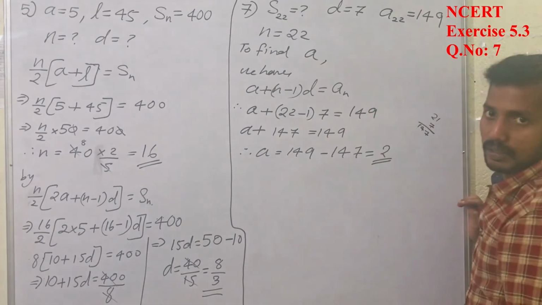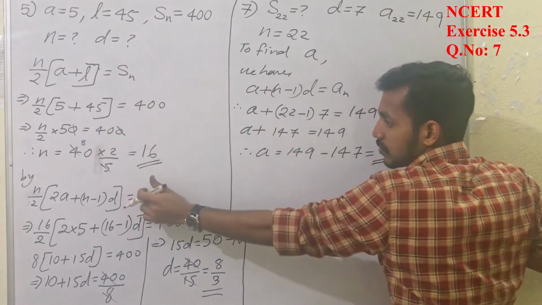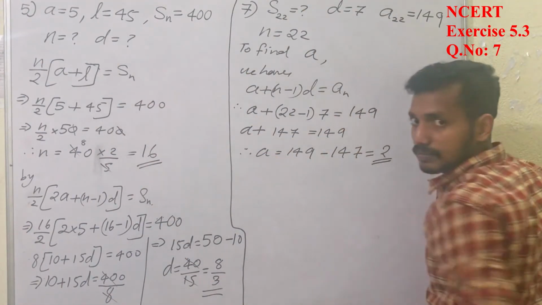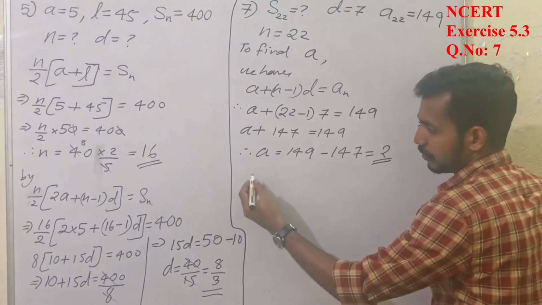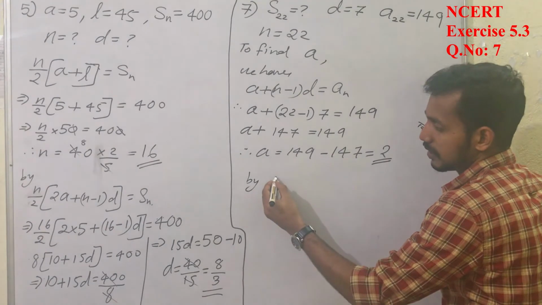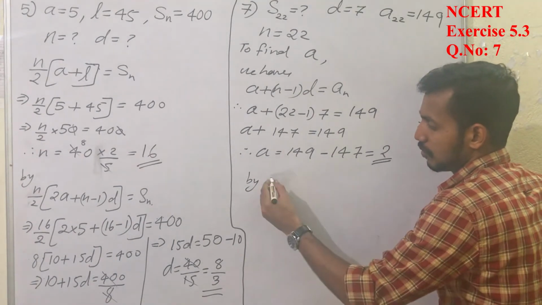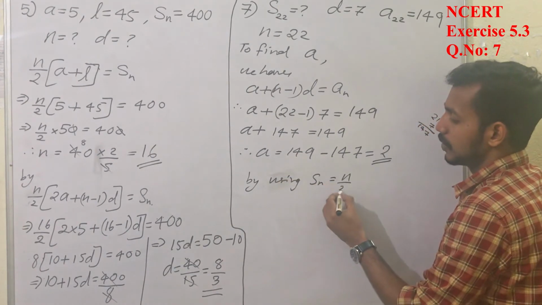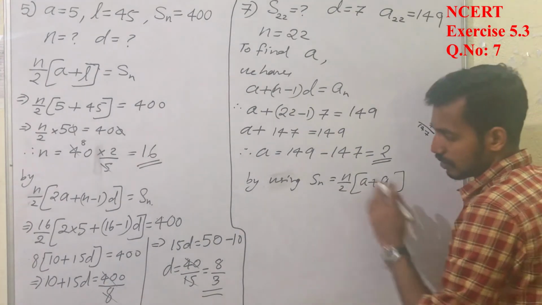Now we can use the formula. There are also two options. Either we can use this formula or this formula. As already nth term is given, then we can use this formula, that is, instead of l we can use the a22. Okay, that formula. Therefore, by using the formula that is Sn equal to n by 2 into a plus l, this formula we are going to use.